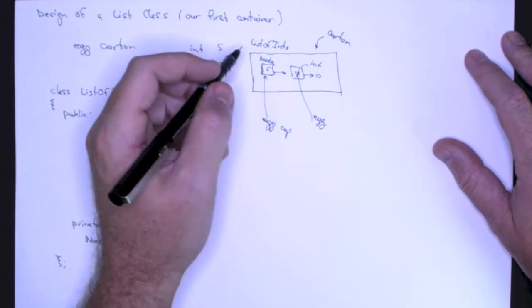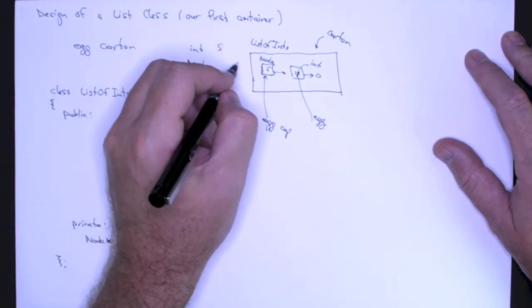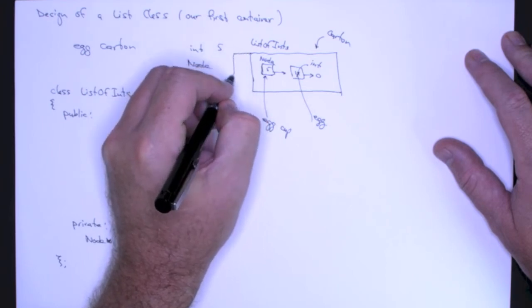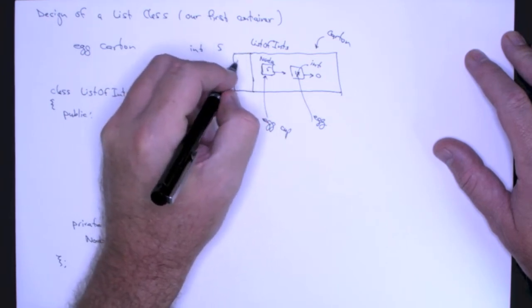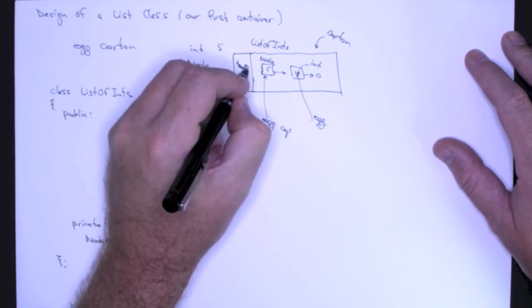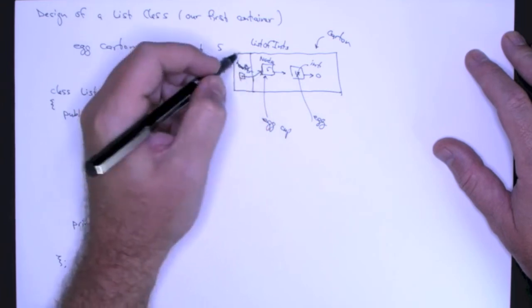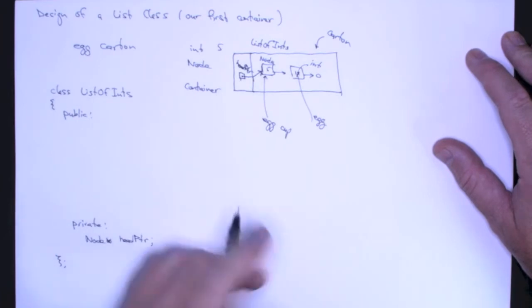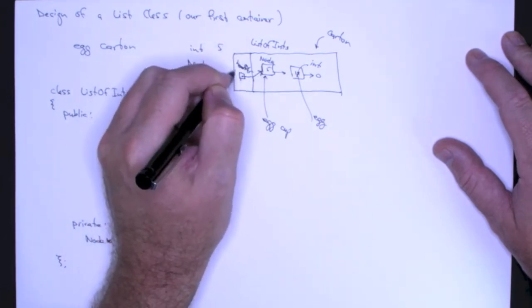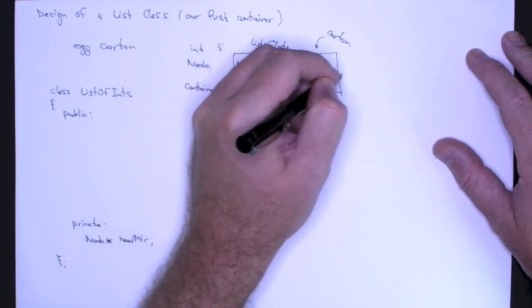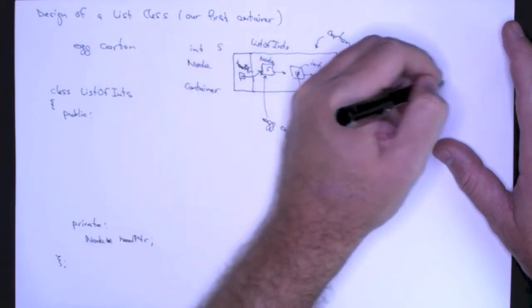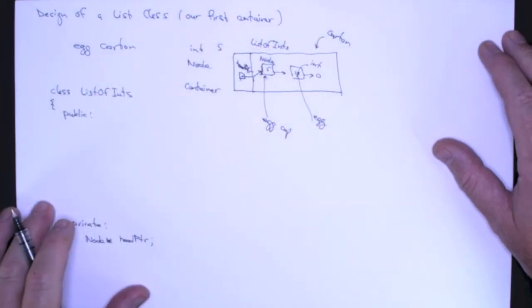The way this is going to look, if I extend this out, is I'm going to have this pointer called head pointer, and it is going to point to all of the elements of this linked list. And as long as I maintain the integrity of this head pointer, then I'll be able to access the elements of my list.